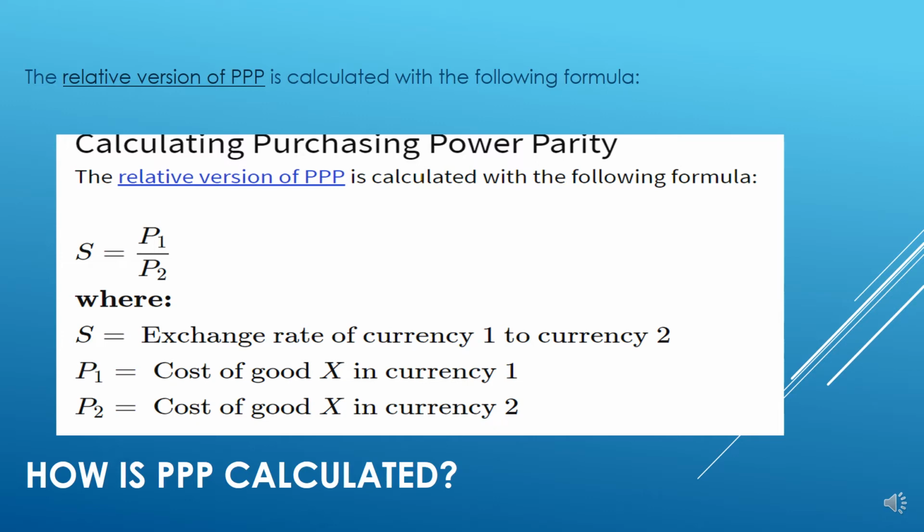So let us say we are talking about any commodity, let's say a car, which costs here in India somewhere around 8 lakh rupees, and in the US it is $20,000. So 8 lakh divided by 20,000 will give me the exchange rate of currency 1 to currency 2 for that commodity, and hence it can be generalized. So it is the purchasing power parity: how much you can purchase in both countries with a similar amount of money.